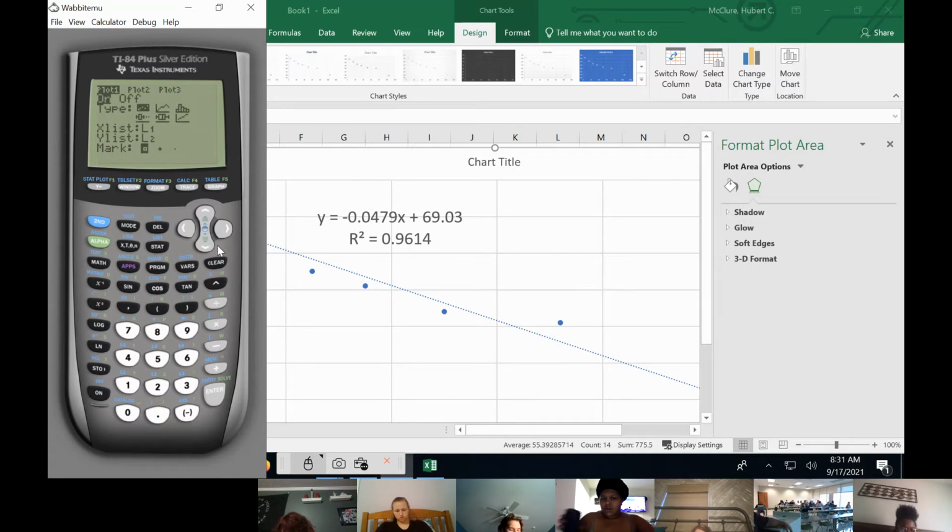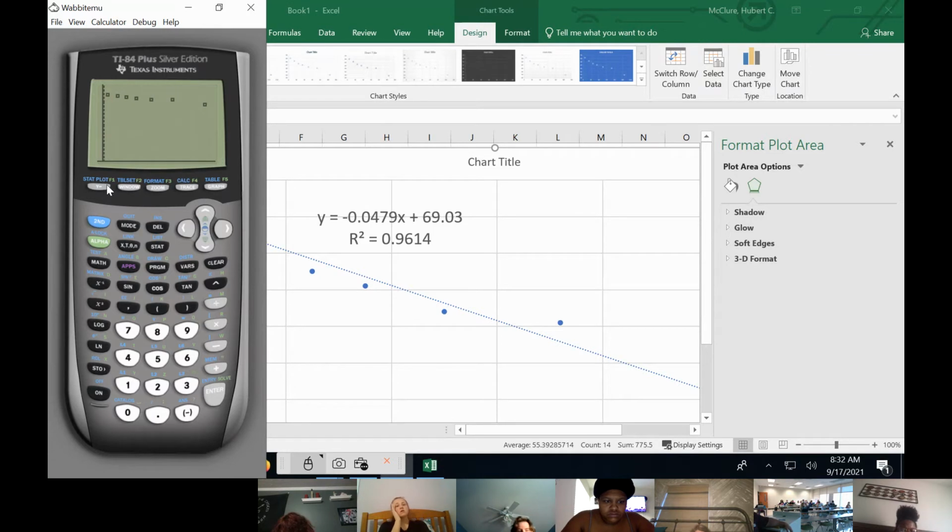On, and go down to graph. There, that looks a whole lot better. Now I'm going to type in y is equal to negative 0.0479x plus 69.03. Now graph it. That looks a whole lot better, and this doesn't, why is it coming up?